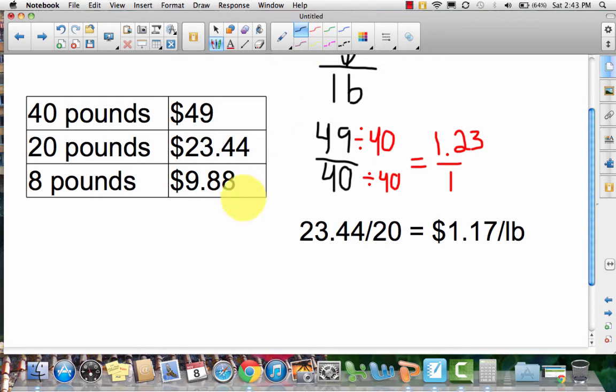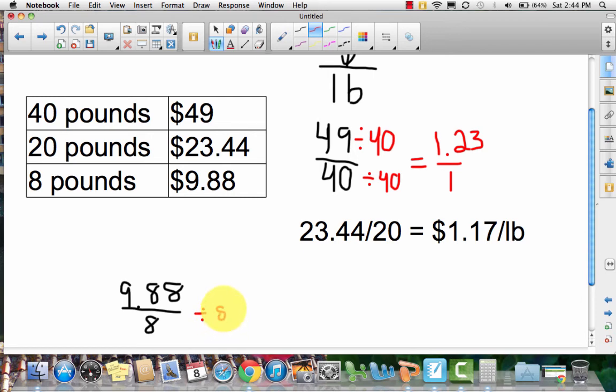Our last option, and I'll show the work out on this one again, like we did the first time. So it's dollars per pound. I can buy $9.88 for 8 pounds of dog food. And again, because I'm using unit rates, I want to make the denominator of that fraction a 1. In order to make it a 1, I have to divide the top and the bottom by 8.